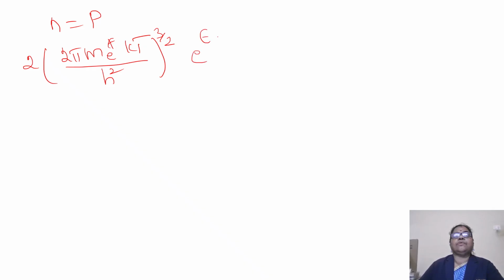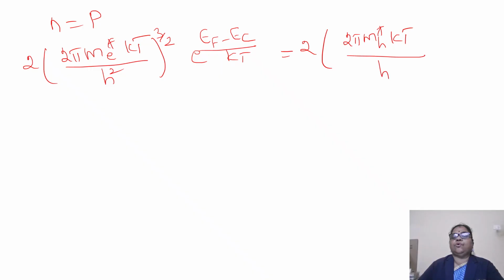So I have to introduce n is equal to p. What is n? 2 multiplied by (2π m_e* kT/h²)^(3/2) multiplied by e^((EF - EC)/kT), that is equal to 2 multiplied by (2π m_h* kT/h²)^(3/2) into e^((EV - EF)/kT).